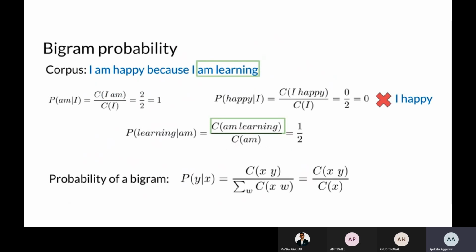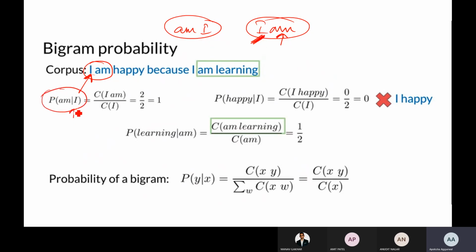Next is bigram probability. Bigram is a little bit more complicated. Here we are calculating the chances of occurrence of am given that I already occurred. So I am and am I are two different bigrams. What are the chances that am occurs given that I already occurred?